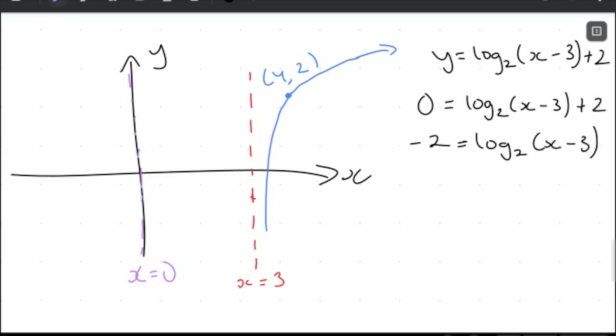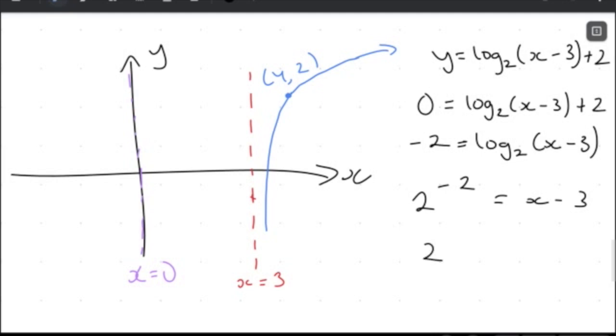And now, in order to solve this, because we talked about this before, I can write this in exponential form. So this is my power, this is my base. So I have 2 to the power of negative 2 equals x minus 3. And I can add 3 to both sides.